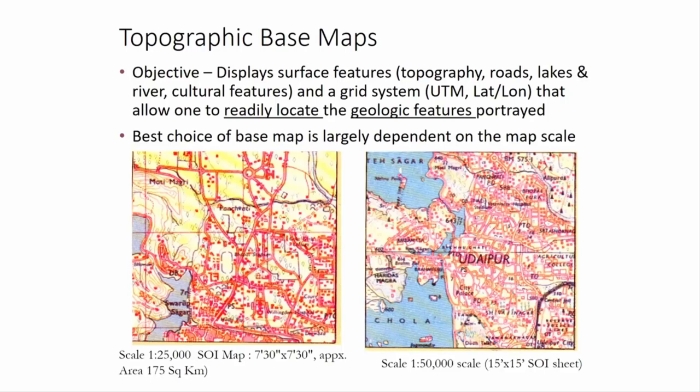The basic objective of this topographic map is to link or associate the map users with the appropriate geographical area. Or in other words, if you want to bring out the equivalent of this topographic base map, you can consider it an older-time GPS.